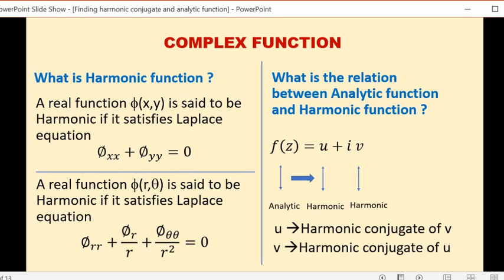Jeet is from A division. One more name please. Okay, Kushal. Kushal is from A division. So we have got two people here from A division, Jeet and Kushal.